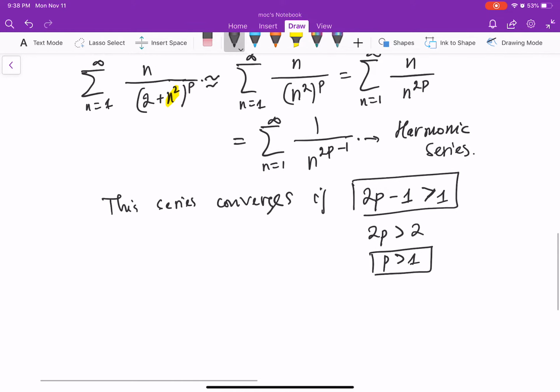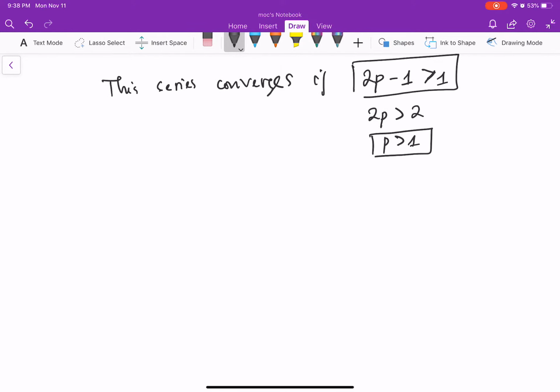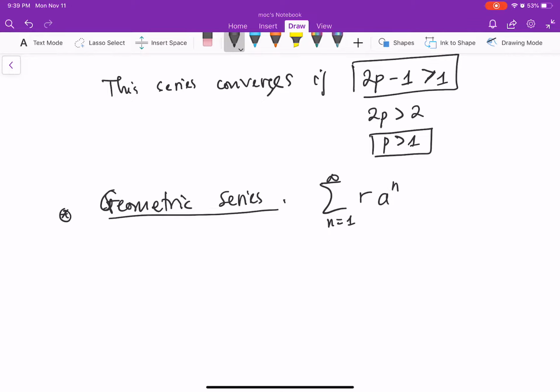All right, so let's talk about one more thing, which is also important in this topic: geometric series. A geometric series looks like the sum from n equals 1, or from 0, to infinity of r times a to the n.